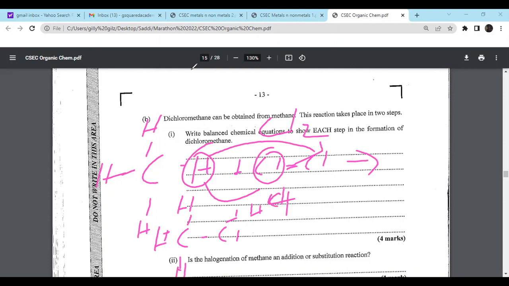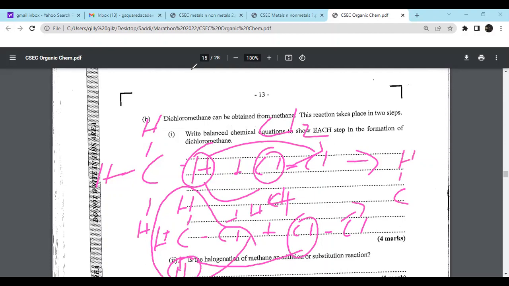You then take this species now and combine it with another chlorine molecule, okay? And one of these chlorines is going to replace a hydrogen. So let's say it replaces that. And what we're going to end up with now is CH2Cl2 plus HCl. Because remember, the hydrogen here is going to then combine with that one. And that is your 2-step process for that reaction.